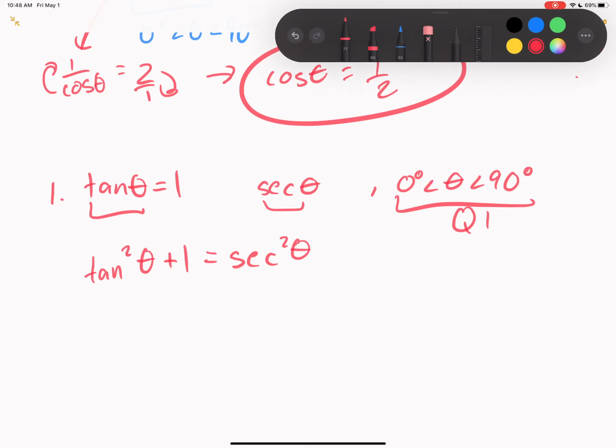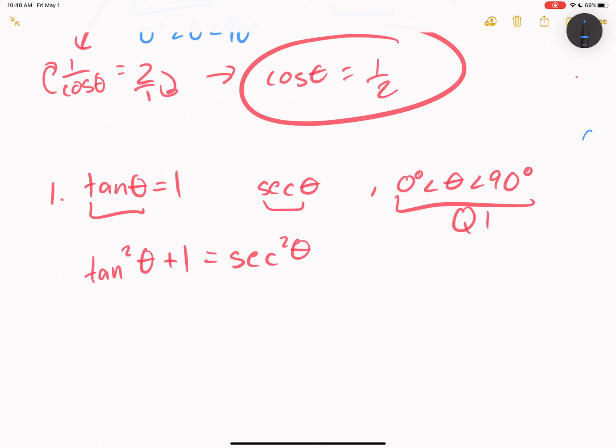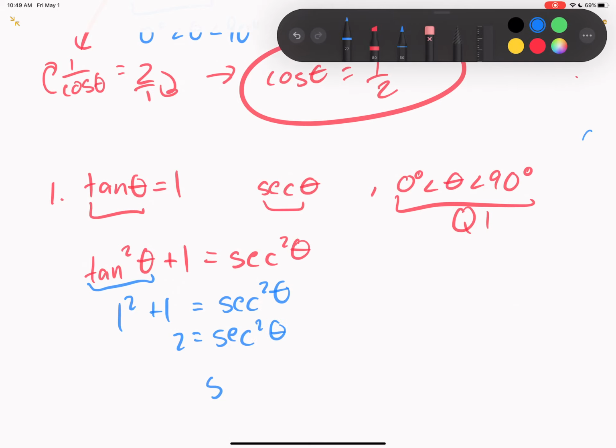So that's what I'm going to do. I'm just going to make some substitutions. So it's 1 squared, because tan is 1, plus 1 is equal to secant squared. So 2 is equal to secant squared. In order to solve for secant, I have to square root.